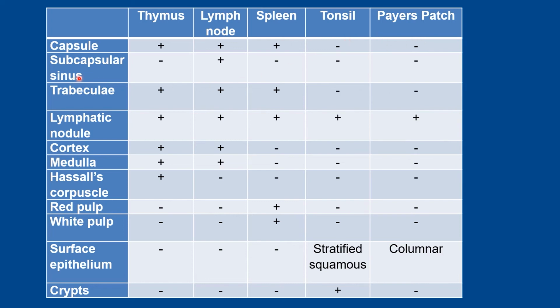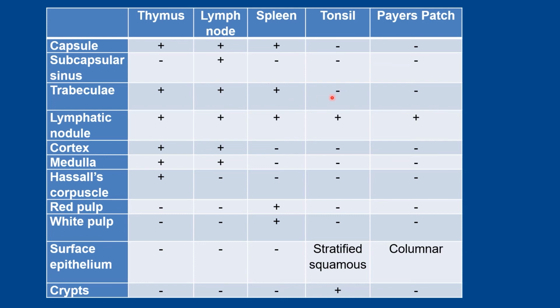The subcapsular sinus is present only in the lymph node. Subcapsular sinus is absent in the thymus, spleen, tonsil and Peyer's patch. The trabeculae, or extensions of the capsule inside the gland, are present in the thymus, lymph node, spleen.